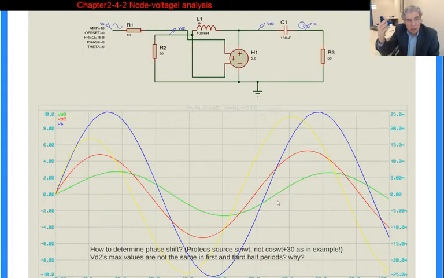We said a sinusoidal function has three parameters. We're going to find those three parameters, except one of them is an exception. That is the frequency. The frequency of the elements' currents and voltages is the same as the source frequency. You don't need to calculate that. The source is given to you, so you know its frequency.